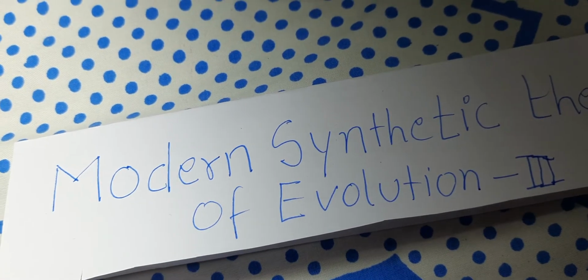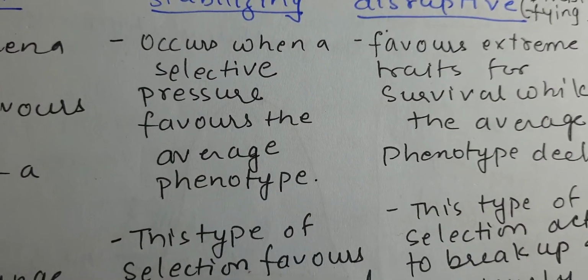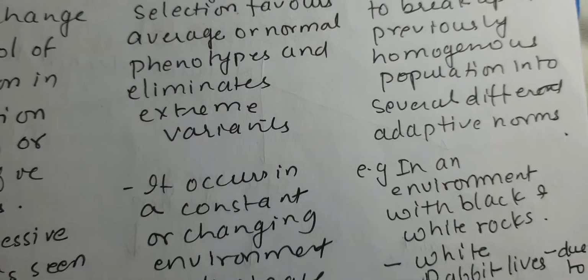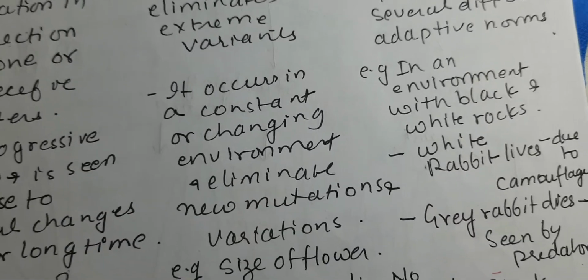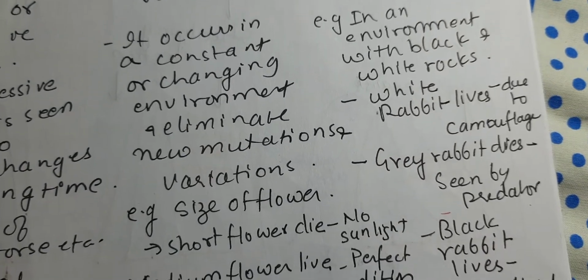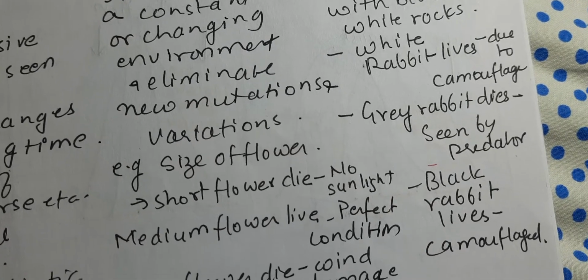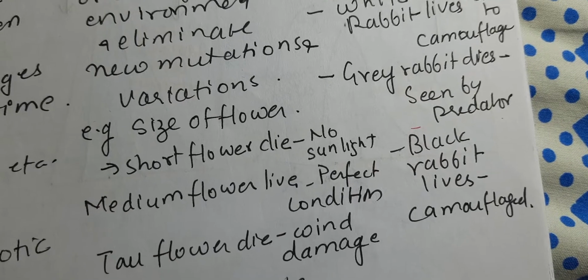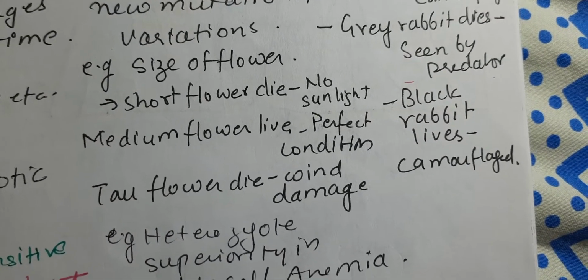Now, stabilizing selection occurs when the selective pressure favors the average phenotype. This type of selection favors the average or normal phenotype and eliminates the extreme variants. It occurs in a constantly changing environment and eliminates new mutations, for example variation in the size of flowers. Short flowers die, no sunlight.